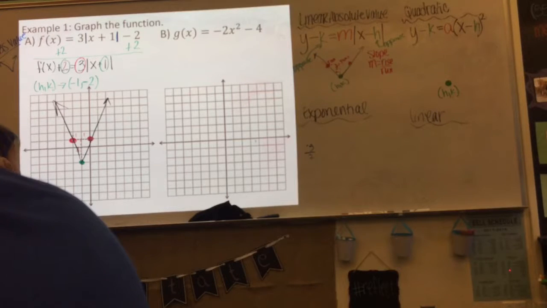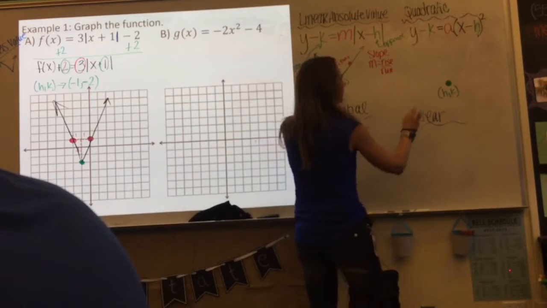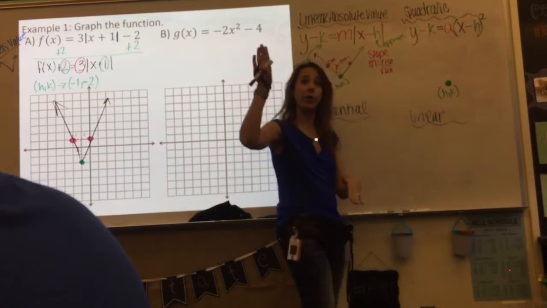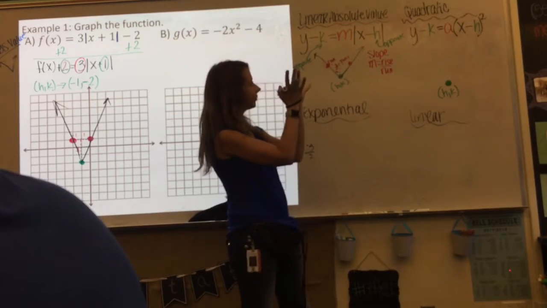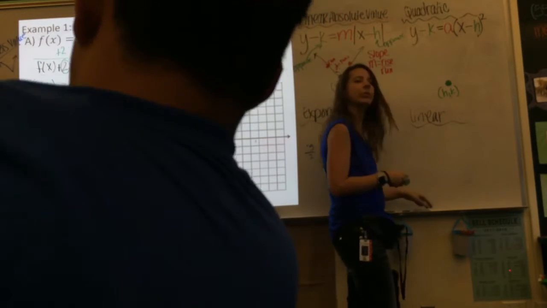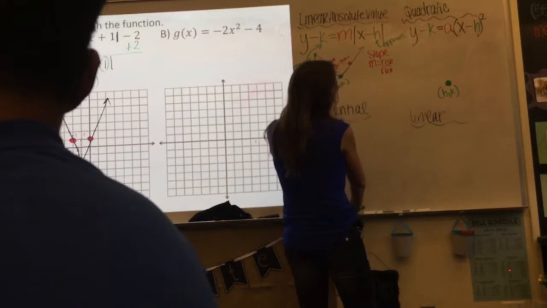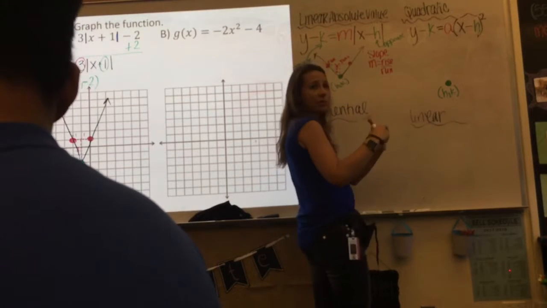The formal name for that curved part is a vertex. This is a vertex because it's a turning point. It's where it curves or jumps back. You guys remember calling them vertex when you learned about squares? Hopefully they taught you that. So that's the vertex, which means the bottom of the U.